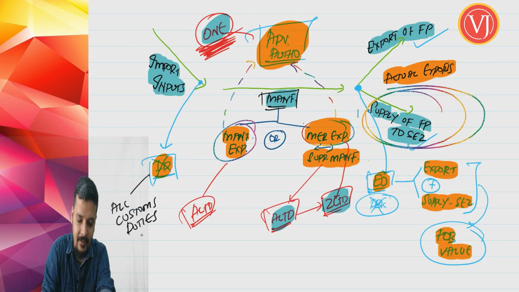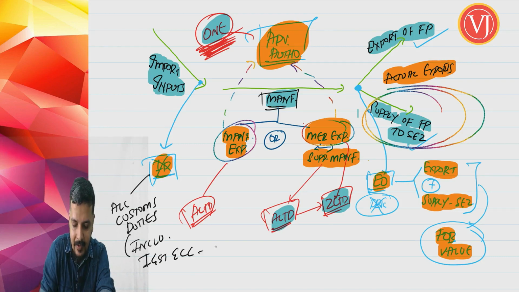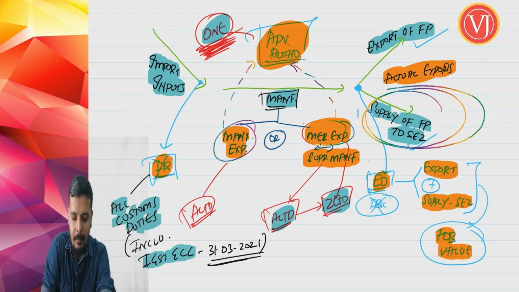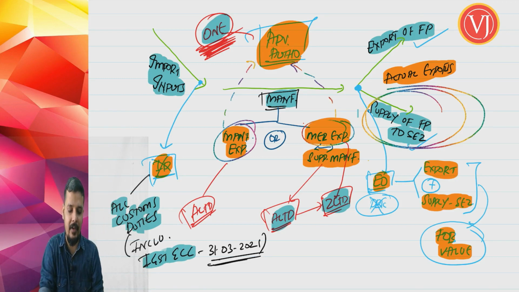All customs duties are exempted, including your IGST and compensation cess, till 31st of March 2021. So when I tell you that you are not paying import duty for actual exports, I am telling you that you are not paying any import duty, including IGST and compensation cess. Your customs duty will include IGST and compensation cess. That is also exempted up to 31st of March 2021.